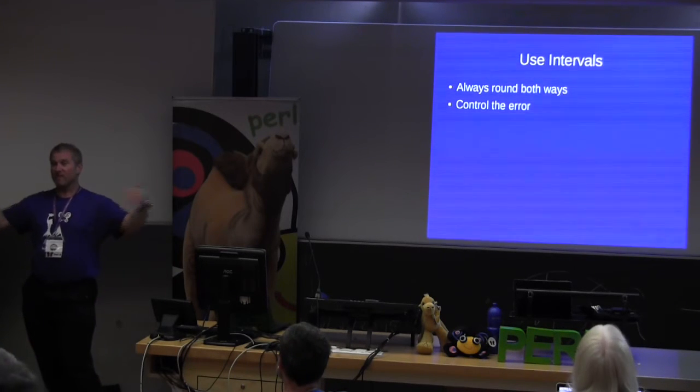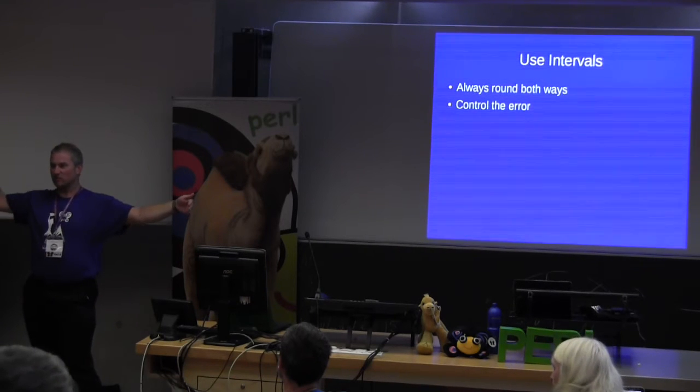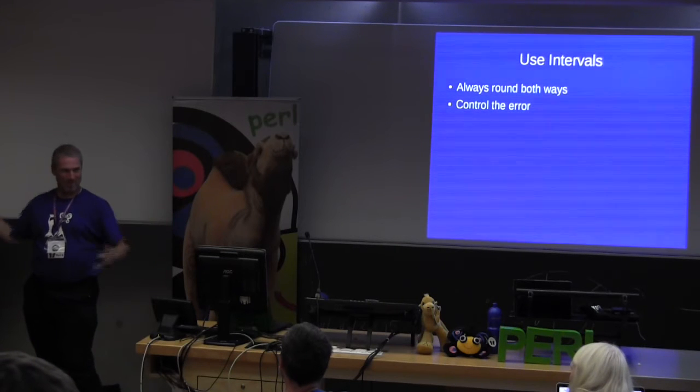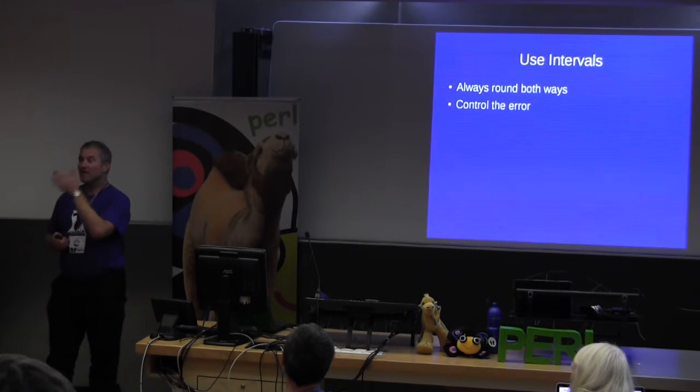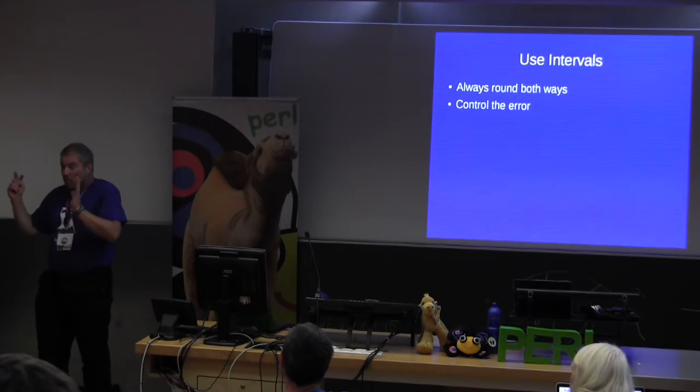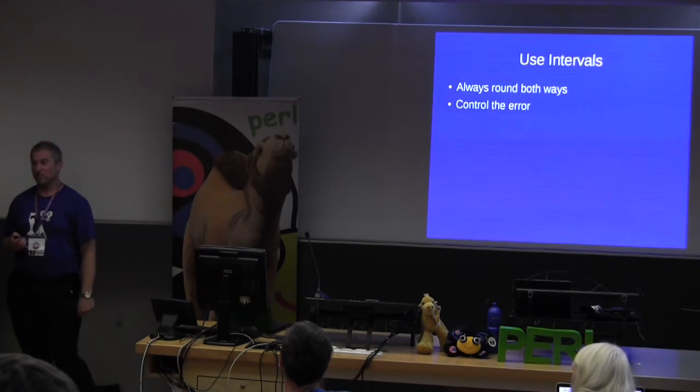If my interval is from minus 5,000 to plus 6,000, probably my calculation is crap. But if it's from 5,000 to 5,000.001, it's a result we can use because it guarantees this.